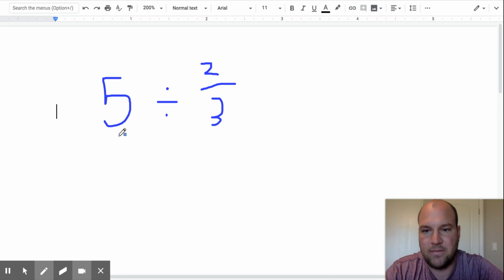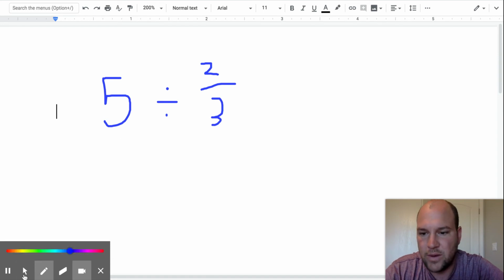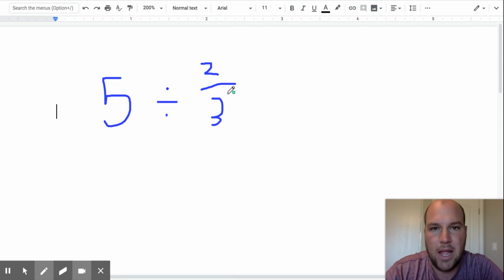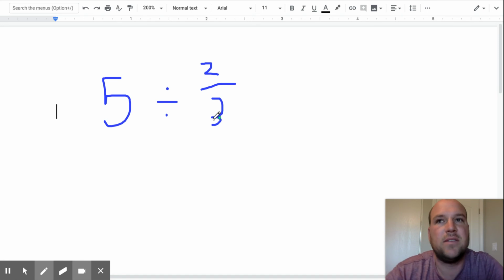And you might be thinking, wait a minute, 5's not a fraction. How do I multiply? Just go straight across. You can make 5 a fraction, right? Just put it over 1. So I got 5/1 here. I'll just rewrite the whole thing since I'm going to do multiplying now. And it's always the second one, the divisor. If you say something divided by blah blah, it's always the blah blah that you flip. 5 divided by 2/3, 6 divided by 1/2.